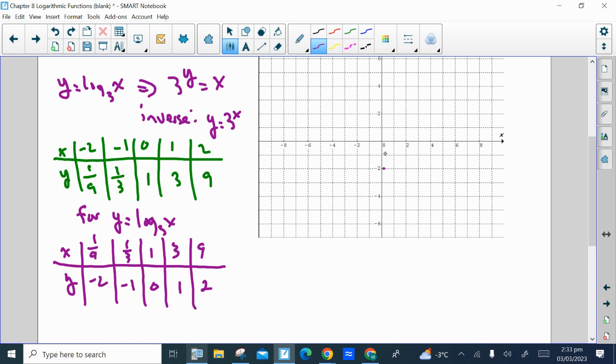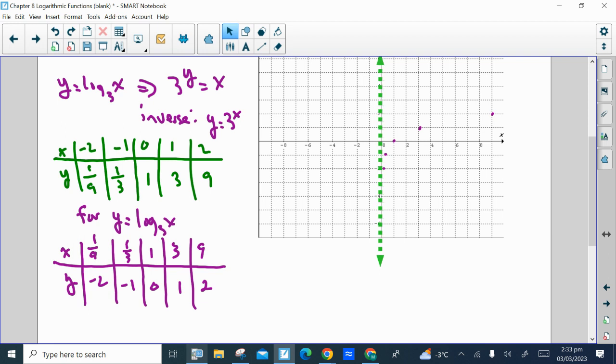1/3 comma negative 1, 1 comma 0, 3 comma 1, and 9 comma 2. Remember that these logarithmic functions have a vertical asymptote, which is the y-axis.